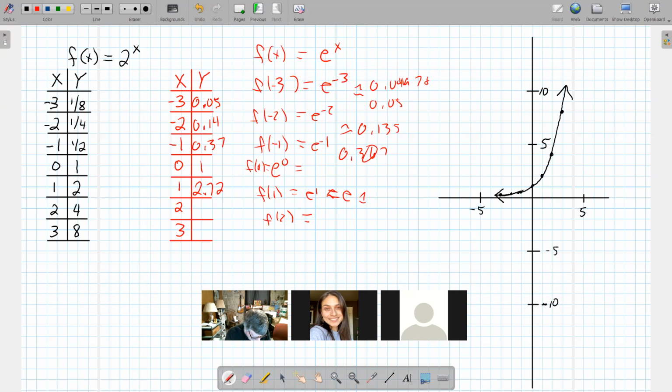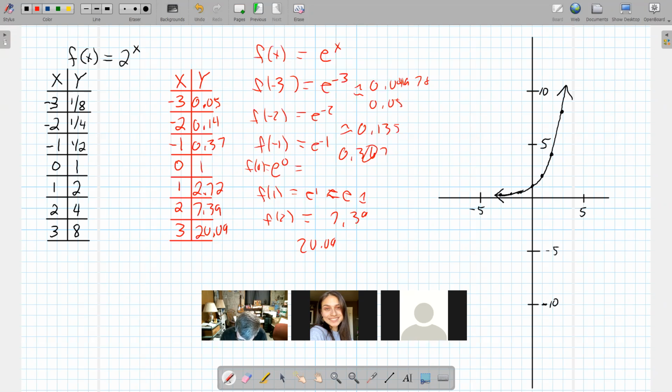F of 2, e squared, is 7.389, so 7.39, and e cubed is 20.085, so 20.09. Okay, so again, those are rough estimates.